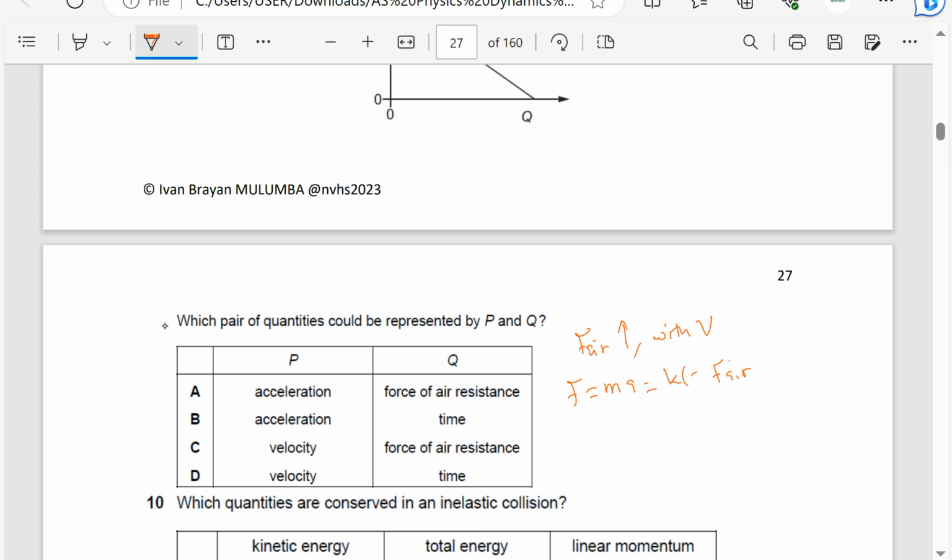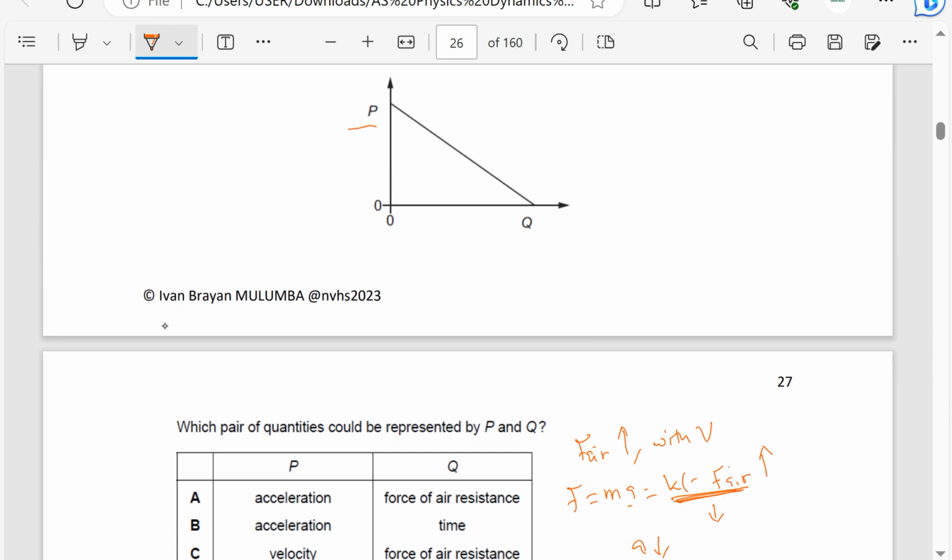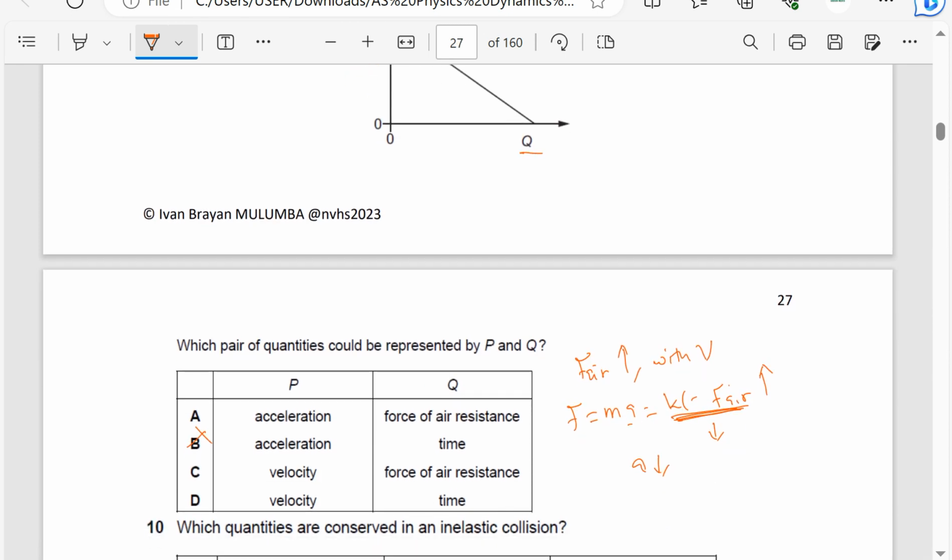As the force due to air resistance increases with speed, this difference becomes smaller. So the acceleration decreases as the air resistance increases. If this is A against time, it means the acceleration decreases to 0 uniformly, so this is wrong. It can't be a straight line.